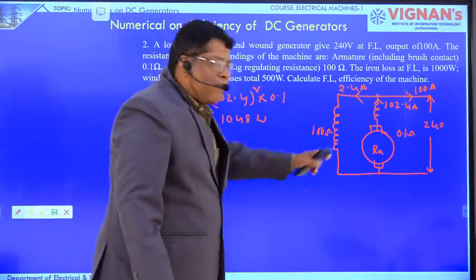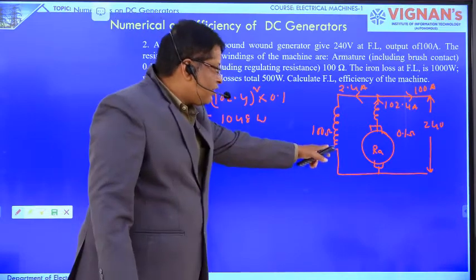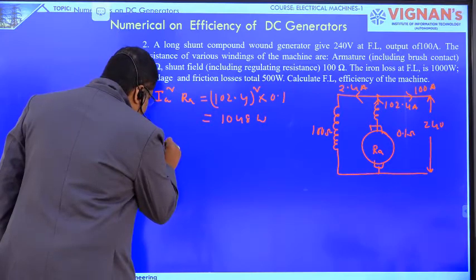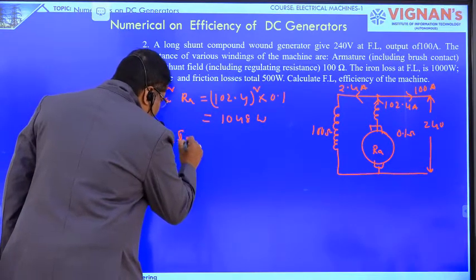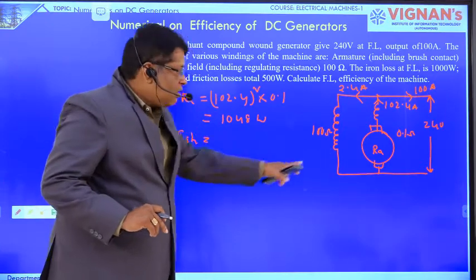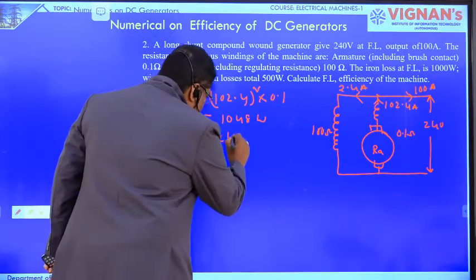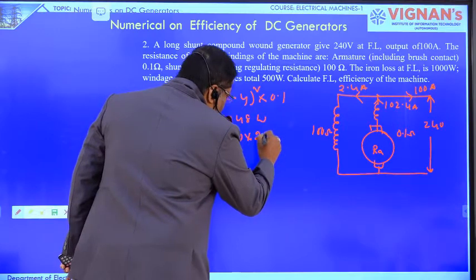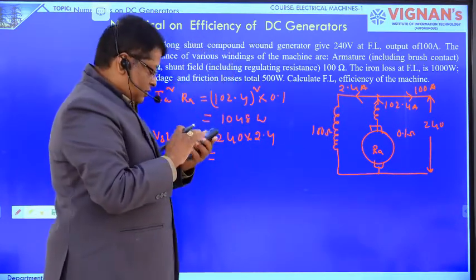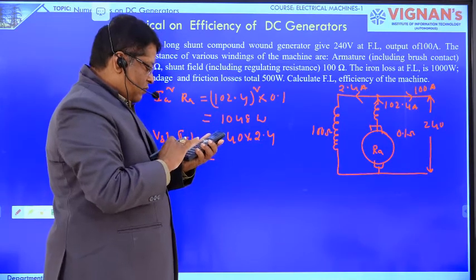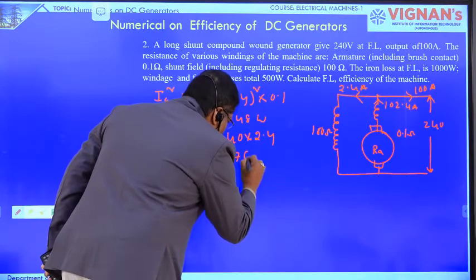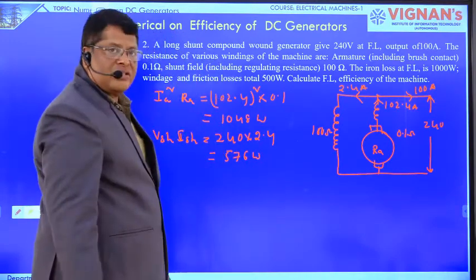Now the shunt field copper loss, here the shunt field is there, is 576 watts.